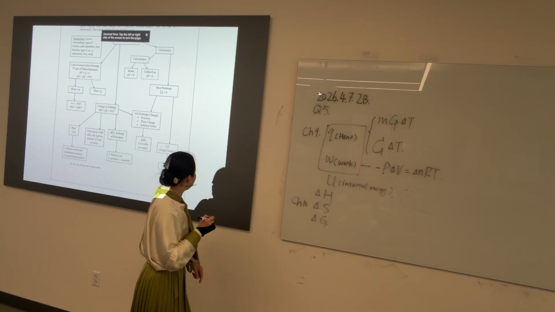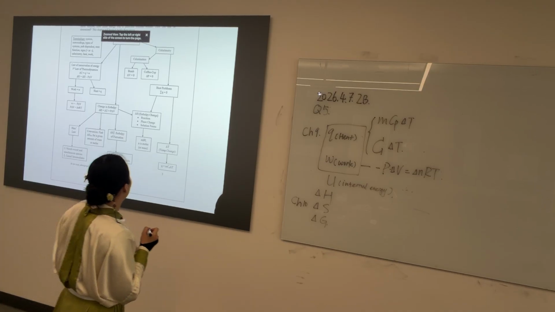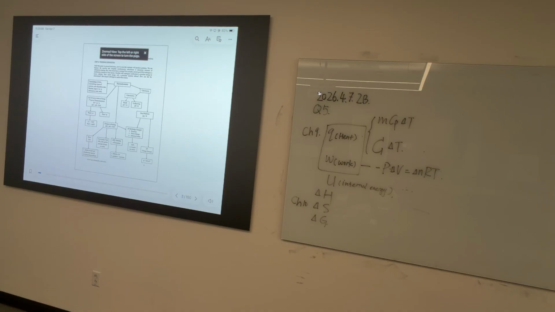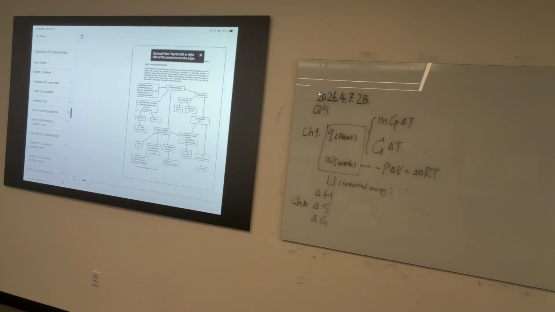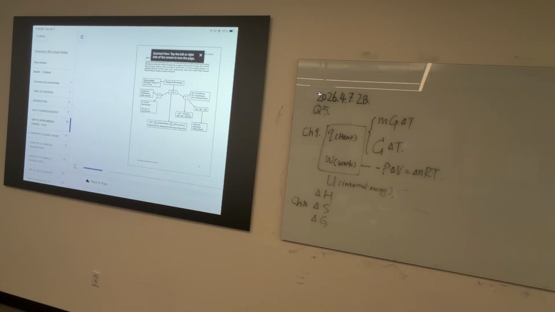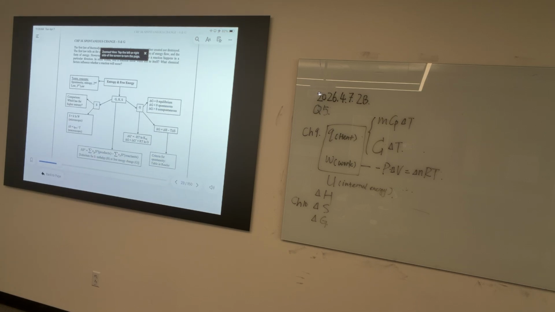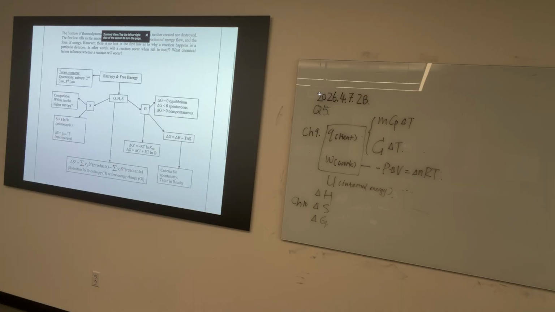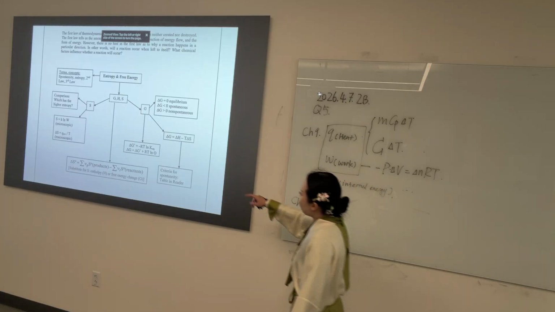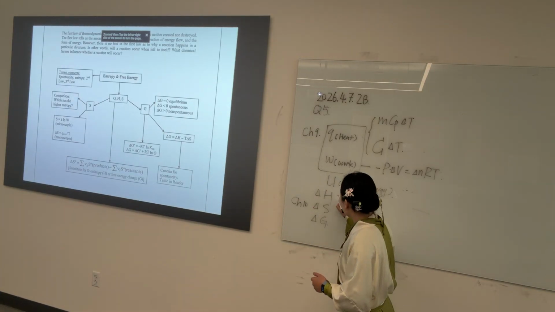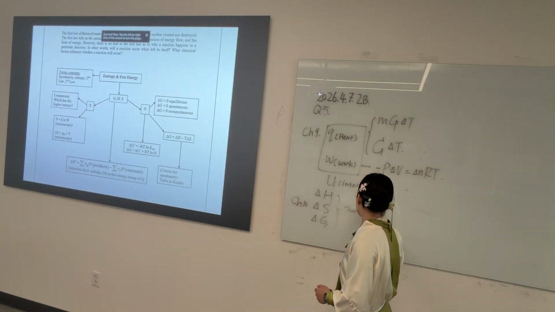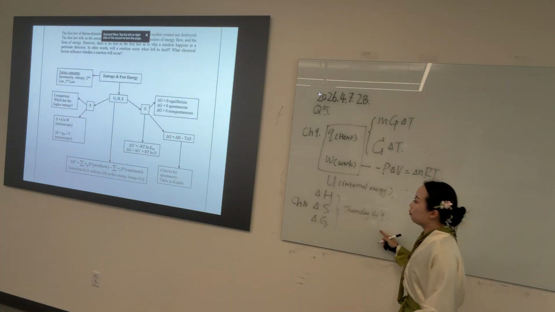From this question, where are they? It's not here because it's chapter 10. Then I'll show you what they look like. If you're really curious, it's delta G equals delta H minus T delta S, which I'm going to define on Thursday.